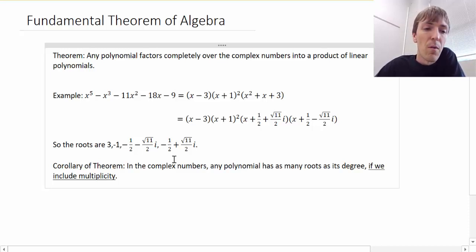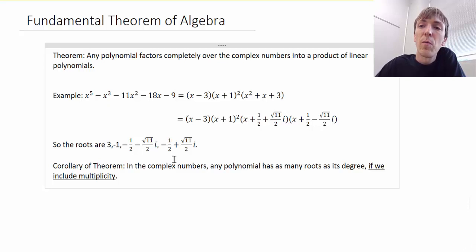Okay, so what is this theorem really saying, or what's one result of this theorem? It says that in the complex numbers, any polynomial has as many roots as its degree, but only if we include multiplicity. Remember, multiplicity is counting those repeated roots the number of times they appear.